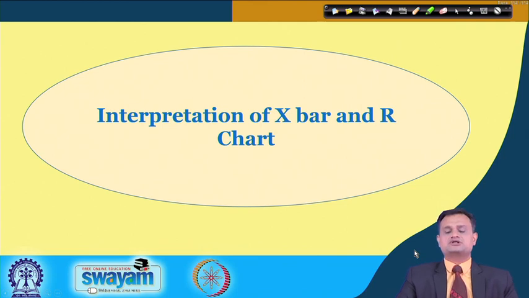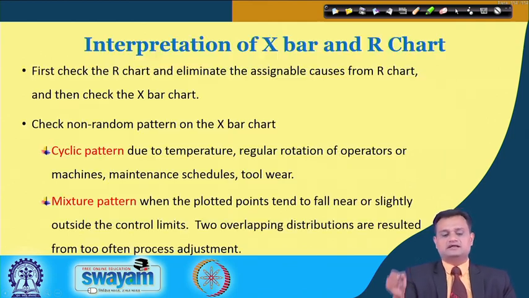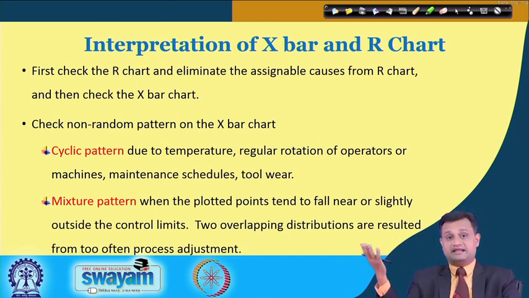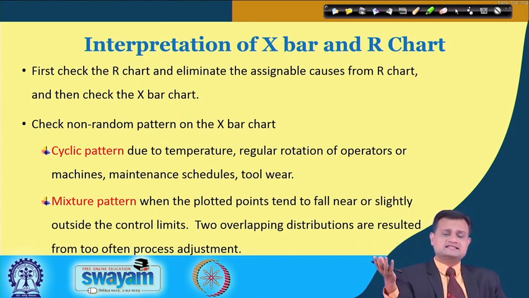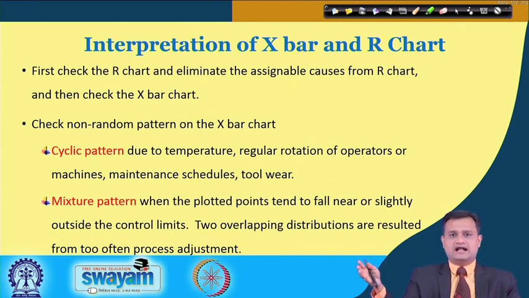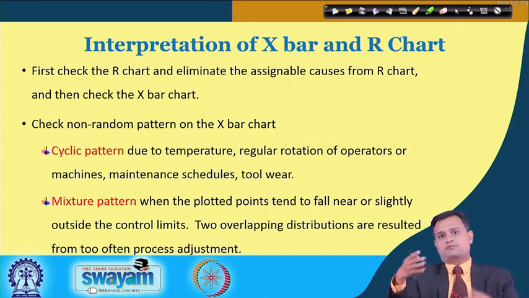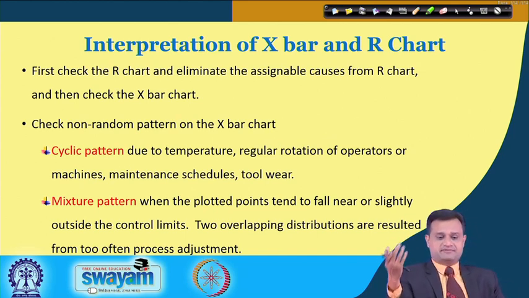So, interpretation of the X bar and R chart: I have a couple of interpretations in terms of non-random patterns prevailing. There could be a cyclic pattern. Your chart is showing all the points within the control limits, but there could be some cyclic pattern present.